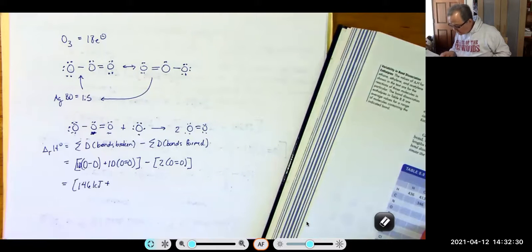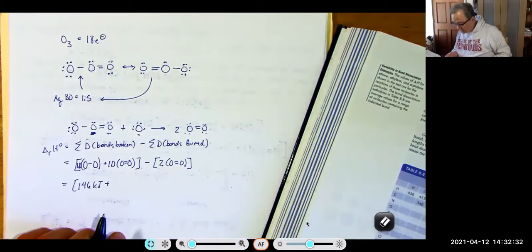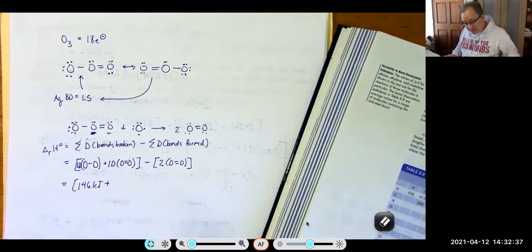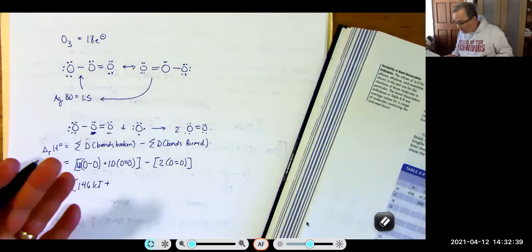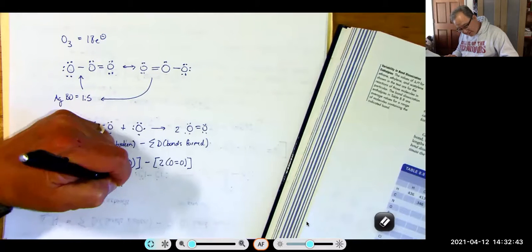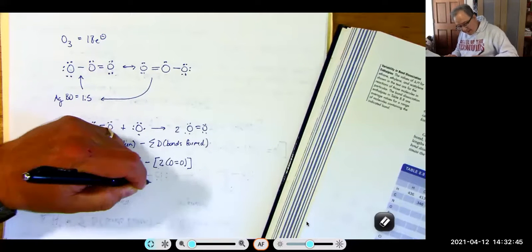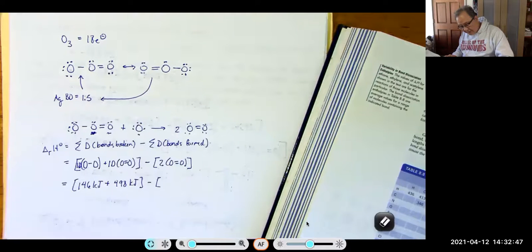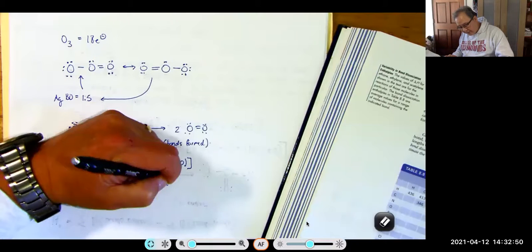An oxygen-oxygen double is 498, but that's in O2. But we're not given any other choice but to use that. So we're going to say 498. And then minus 2 times 498 kilojoules.